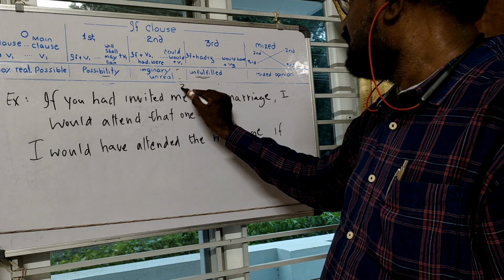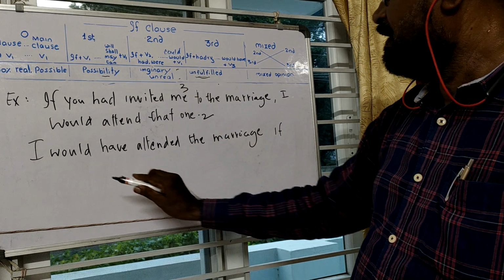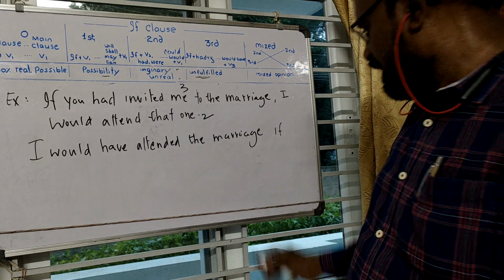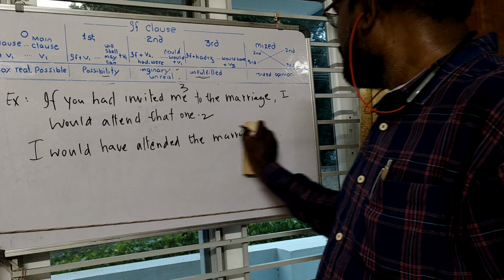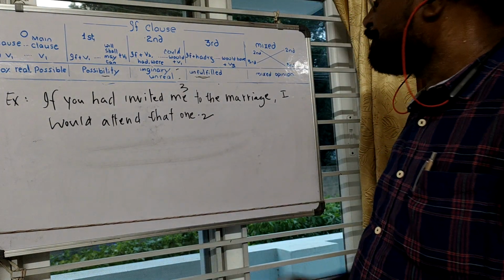The if clause is the third condition. I would attend is the second condition. And here, where we are writing I would have attended the marriage, it means it is the third issue. We have to write the second issue.